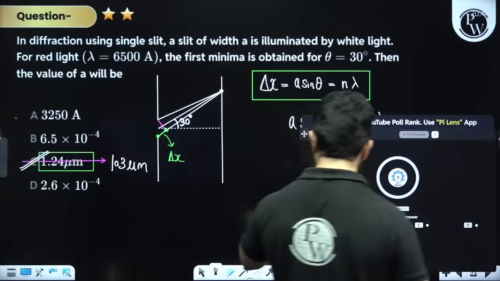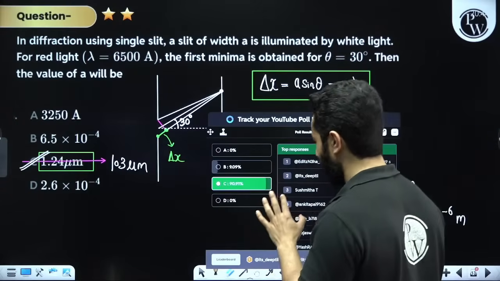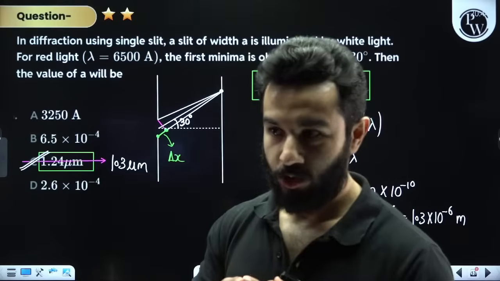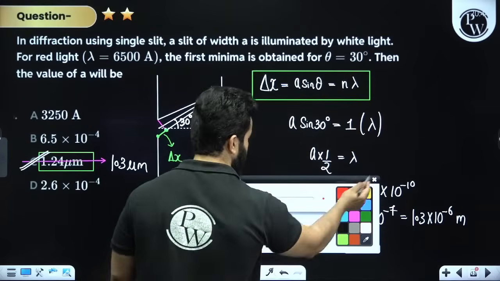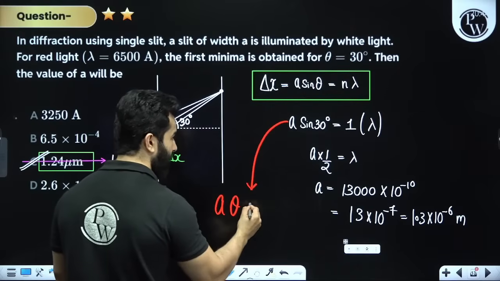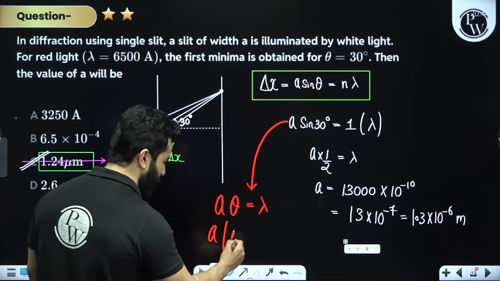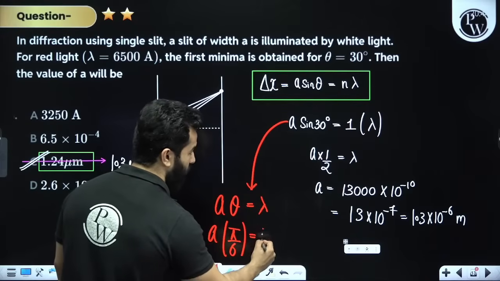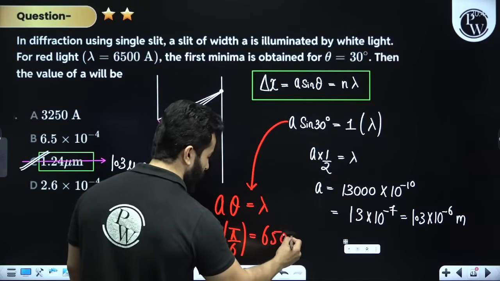And hold on, let me tell you a very important point. Sometimes you can also make this mistake. Sometimes you actually write a theta is equals to lambda, and a multiplied by pi by 6 equals to 6500.